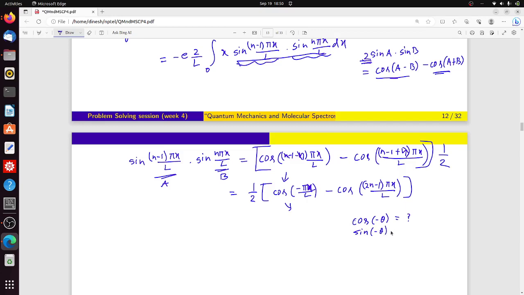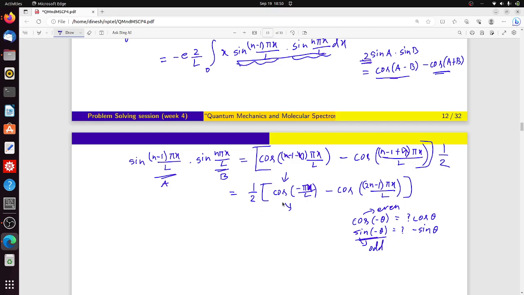Cos of minus theta means cos theta, because cos is an even function, and sin is an odd function, right?